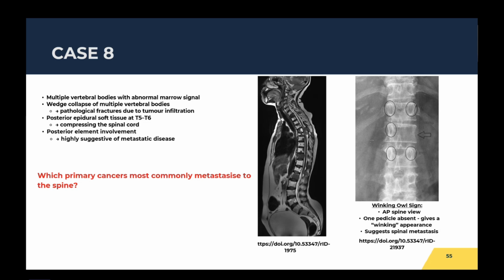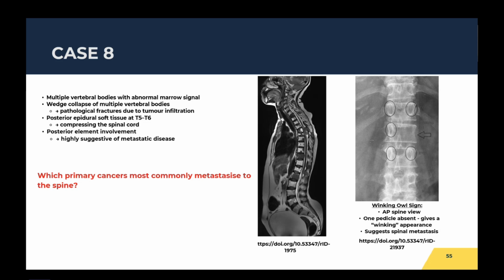You also have something called the winking owl sign. This is seen on an AP view of the spine, and it's meant to look like an owl that is winking. So you can see the pedicles here, and then this is the spinous process, meant to look like the beak of the owl, and these are meant to be the eyes.